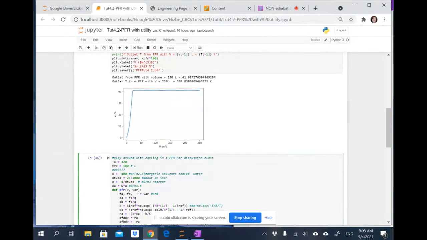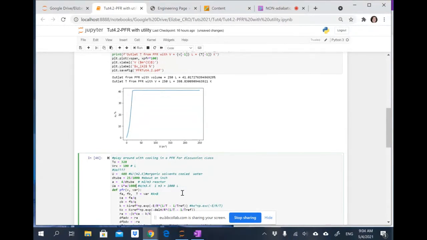So 1 cubic meter is equal to 1,000 liters. So if I now have to calculate this, am I correct in saying that I have to divide this by 1,000? Do you agree with me? Just give me a thumbs up if you agree. Okay, so now my units are correct.